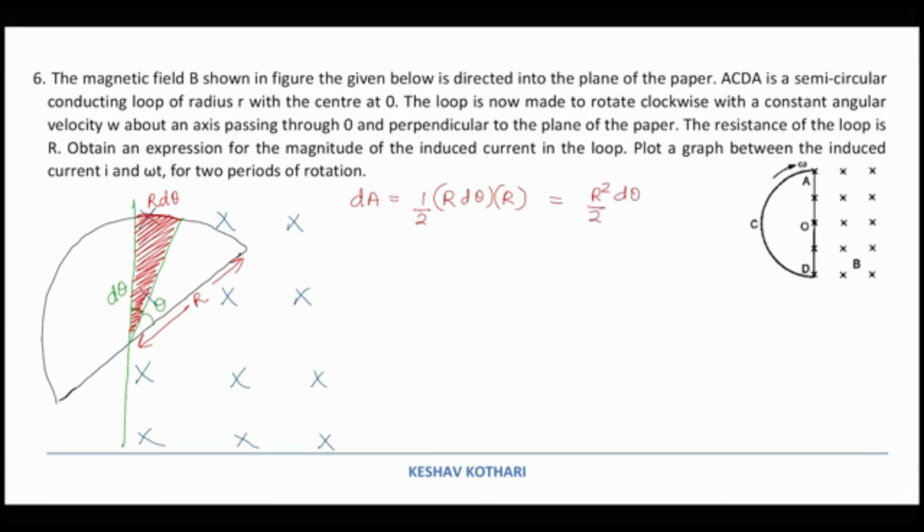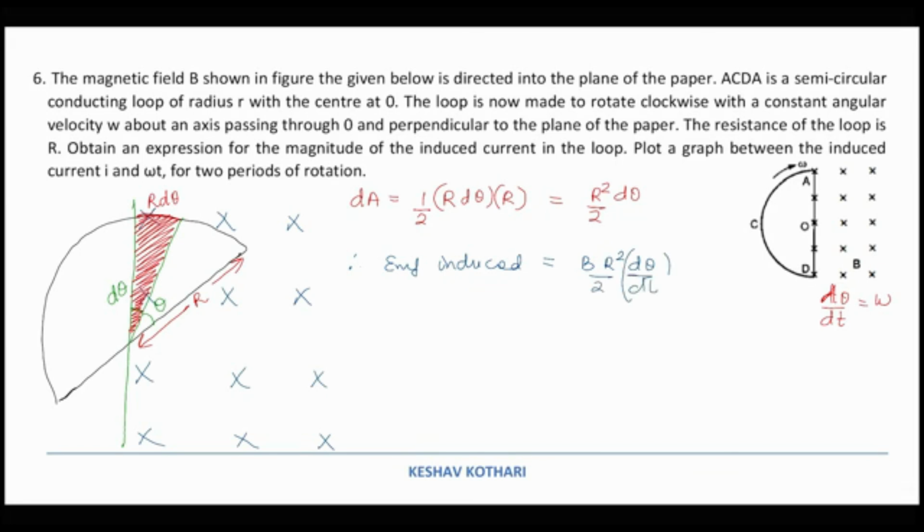So this is the change in area which is taking place at this instant of time as it is rotated, and it must be kept in mind that d theta by dt is omega, the angular velocity of the system. If the magnetic field is B, then the EMF induced is d phi by dt, the change in flux by time taken.